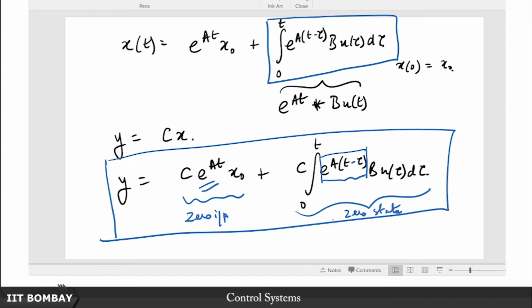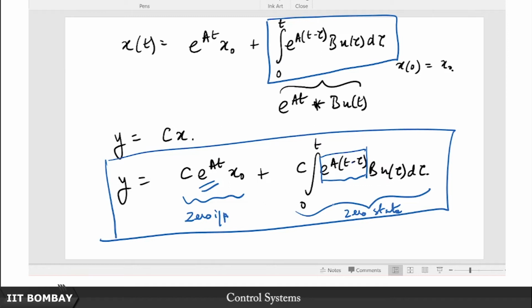But the key to finding all of this, whether you want the zero input, the zero state or the complete solution, is being able to evaluate e^(At). So we will keep this question burning in our minds, realizing that this is what we are essentially trying to get a handle on.